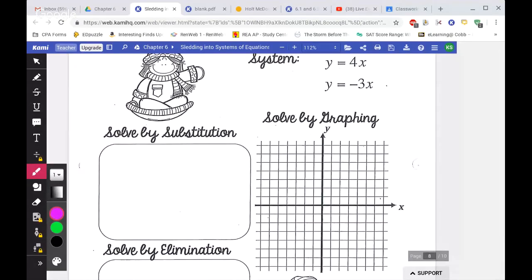So for graphing, once again, if y'all are making note cards for the test on Friday, I just remind you, make a note to yourself that says the easiest way to graph is slope-intercept form. And that's going to be y equals mx plus b. These are in slope-intercept form, but once again, they are missing that y-intercept.